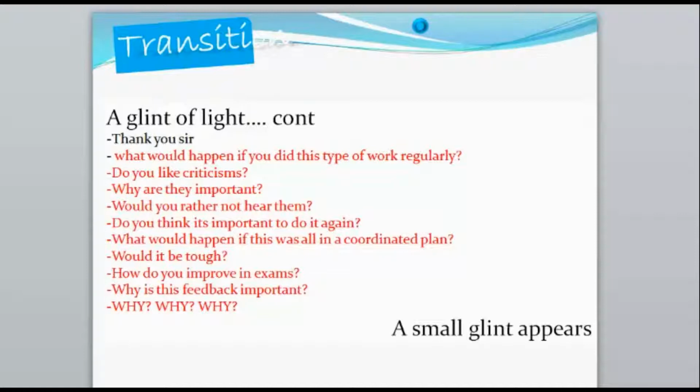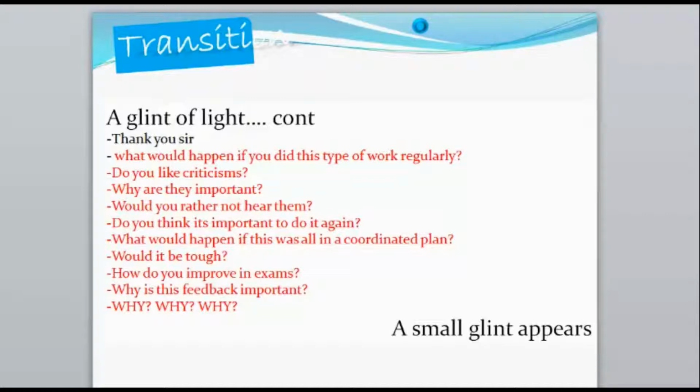And then they might go, oh, maybe I would improve a lot in exams. And you can see we're at a turning point. Would this be difficult? They might say, no, it would be easy. Or they say, no, I think it would be very difficult. And that's one of the things you have to do, encourage a dyslexic, that it's going to be difficult every step of the way.